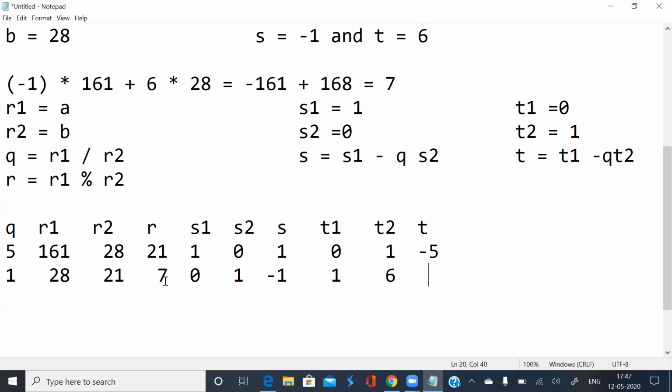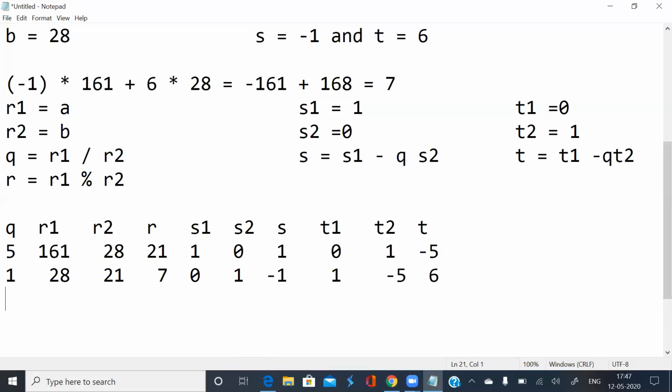No, this is -5. This is 6. 1 minus of -5, 6. This is 1, okay.